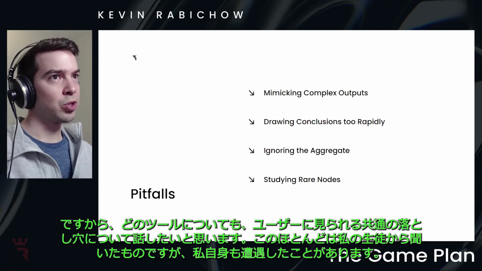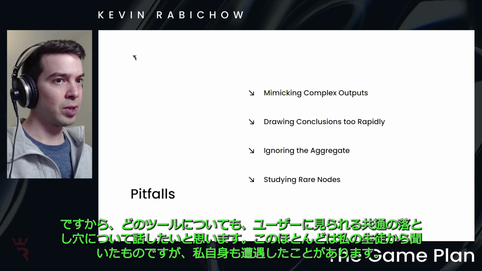So with every tool, I want to talk about the common pitfalls that I see in users. Most of this is from my students, but things that I've run into myself as well. Different challenges.